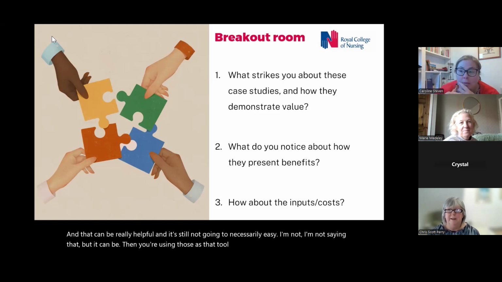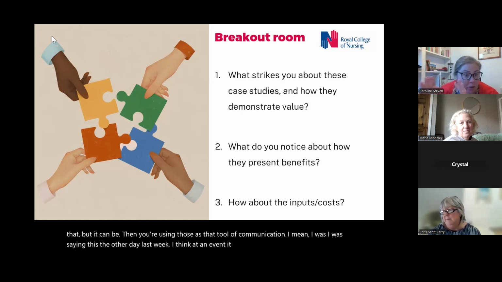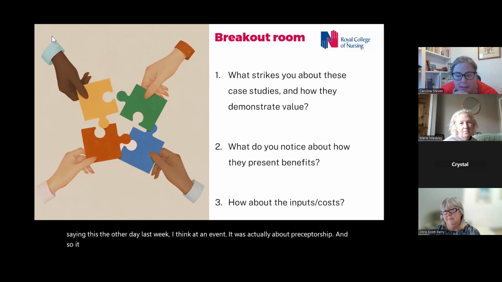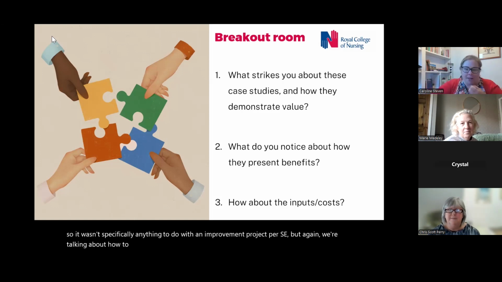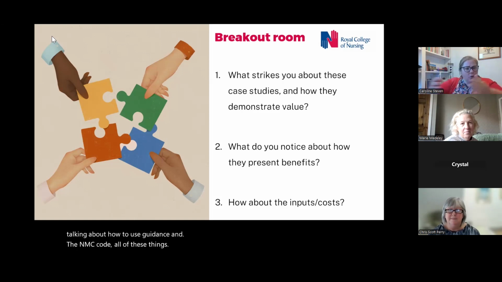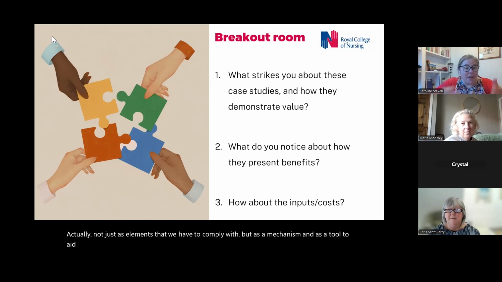I was saying this last week, I think, at an event. It was actually about preceptorship, so it wasn't specifically to do with an improvement project per se. But again, we were talking about how to use guidance and the NMC code, not just as elements that we have to comply with, but as a mechanism and a tool to aid conversation: here's what the requirements stipulate, and this is what I'm trying to achieve.